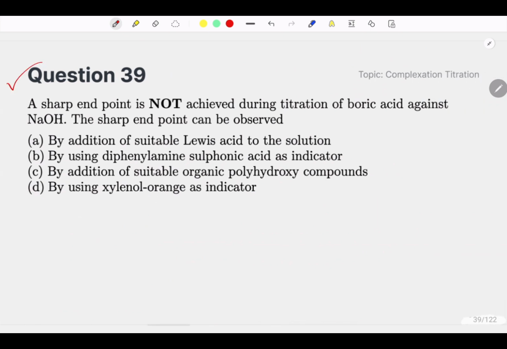Now question number 39. A sharp endpoint is not achieved during the titration of boric acid against NaOH; the same endpoint can be observed... okay, so boric acid is a weak acid and this is a strong base, by addition of a suitable Lewis acid to the solution. So basically, we have to obtain a sharp endpoint when we are doing the titration.